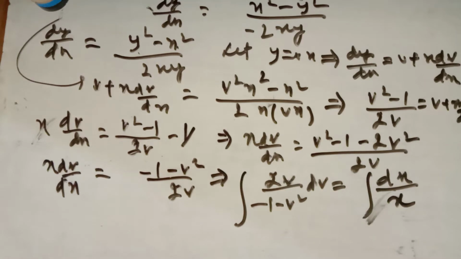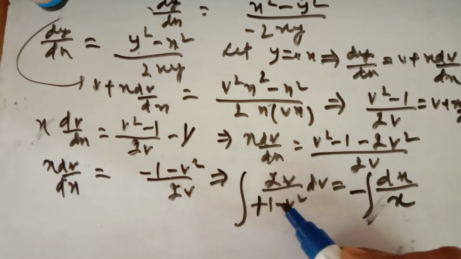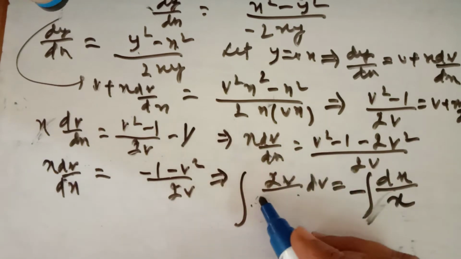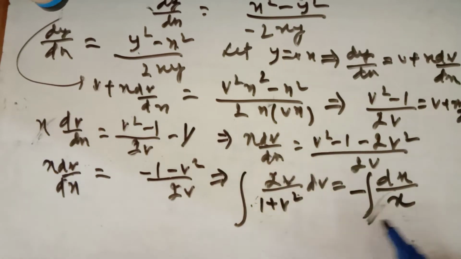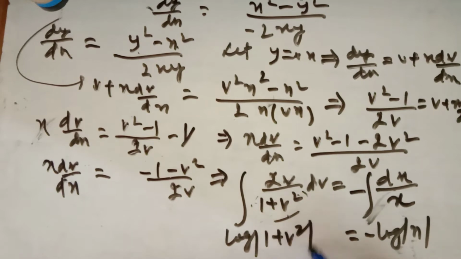So after separating it, you are getting this, and if you remove this, you can take the minus sign here like this. It will become 1 + v². Now you can integrate it. It will be minus of log x, and you can integrate this by letting this as t, and the derivative will be 2v. It will be cancelled out and you will get the integration as log(1 + v²).